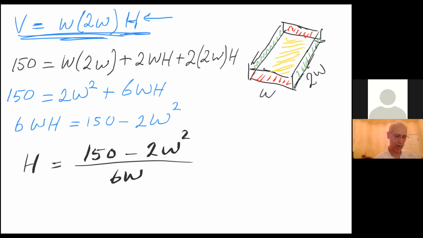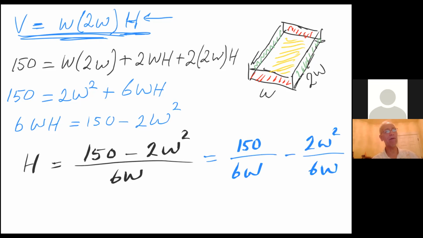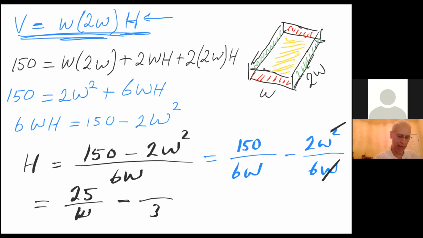Sure, this is the same as 150 over 6 width minus 2 width squared over 6 width, and notice that now I can do some cancellation. 150 divided by 6 is 25, with a width in the denominator. Then minus 2 and 6 simplify, so I have a 3 in the denominator, and this width cancels that one, so I have a w in the numerator.